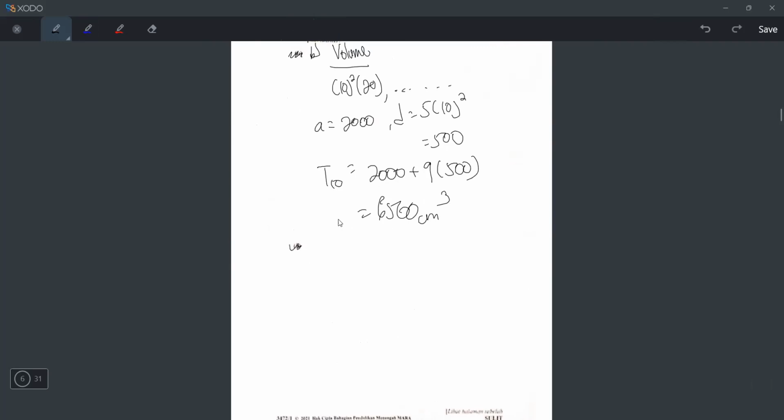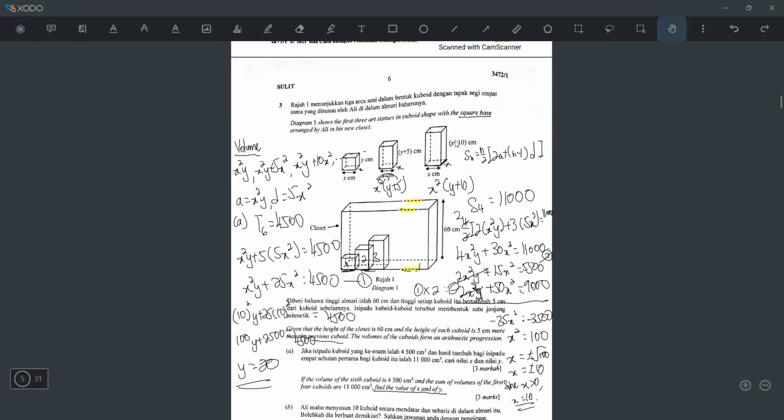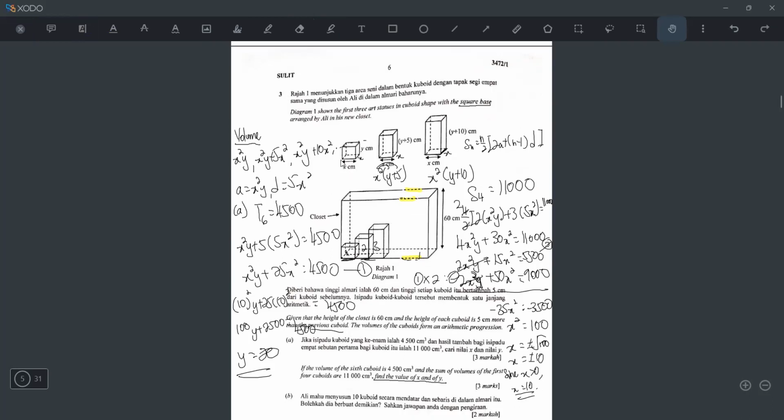But this is the volume, and if I want the height, okay, can you see that for all the cuboids the height is different, but the length and the breadth are all the same. So actually we can tell this is x times y, this is x times y plus y, this is x times y plus 10. So at the 10th cuboid, it will be like this also.